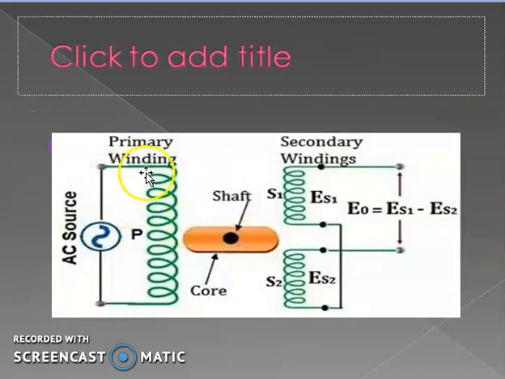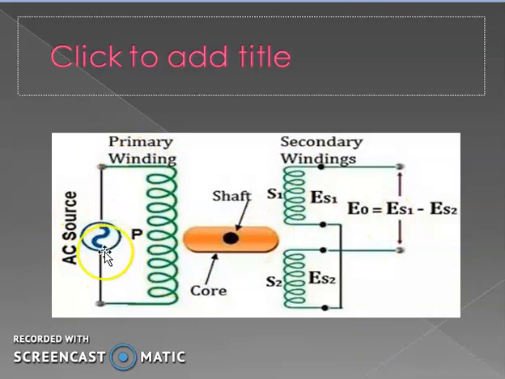Here we have the core connected to a shaft. The shaft is moved in angular displacement. Here we have a primary winding and two secondary windings. Each secondary winding has the same number of turns, and the primary winding is excited by an AC source, so it is called a passive transducer.